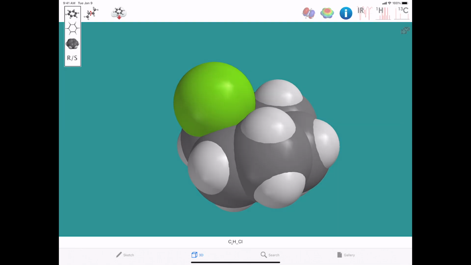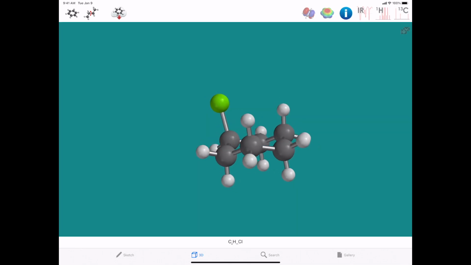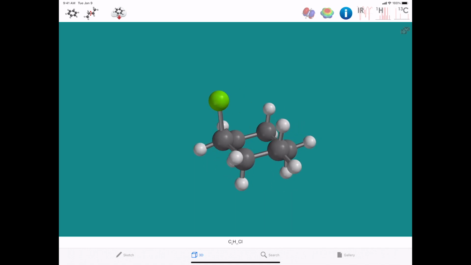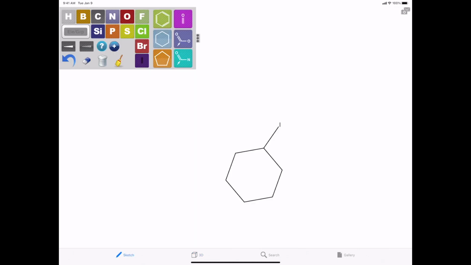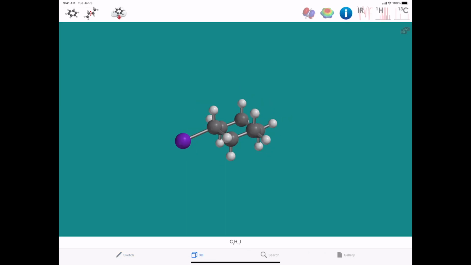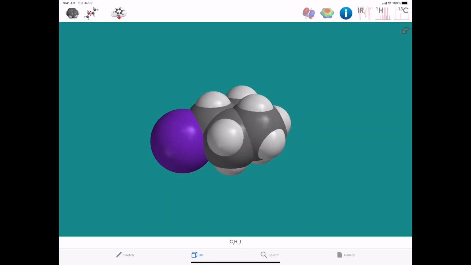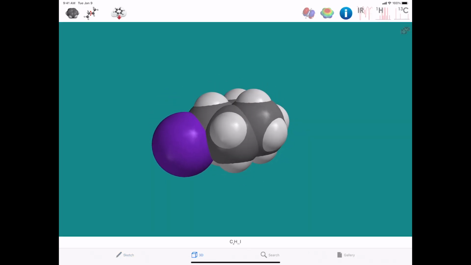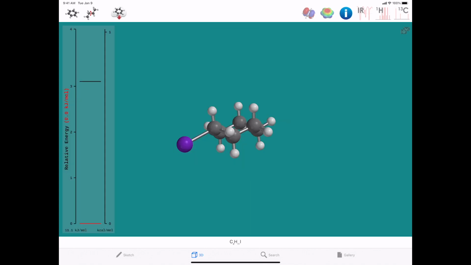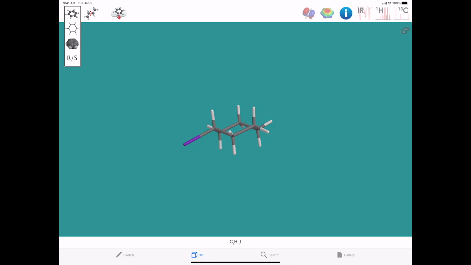Let's go back to just ball and stick. So yeah, you can see that because that bond is longer, the steric problems with these two other axial hydrogens are smaller. And that's true as well for iodide. Iodide's quite a bit bigger, and yet, because the bond is longer, it doesn't seem to matter as much.